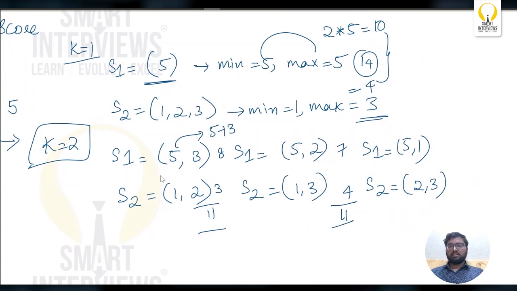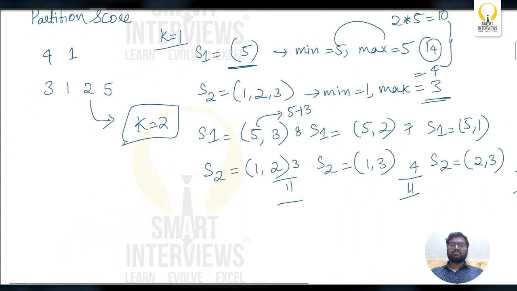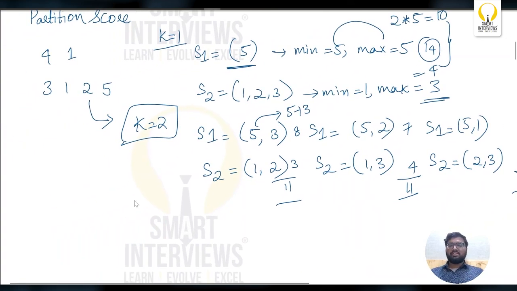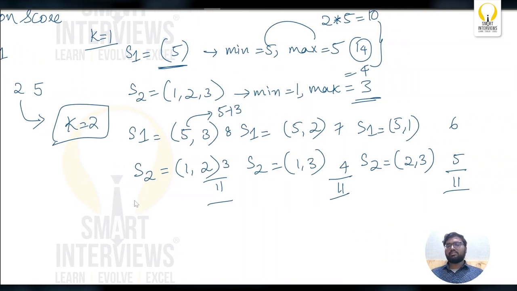And here it is 6, and in this case it is 5, and here also it is 11. Can you conclude anything from this for k equals 2? You cannot directly say this or that is the answer, because for all the subsets we generated for this particular example, it was giving the same value.